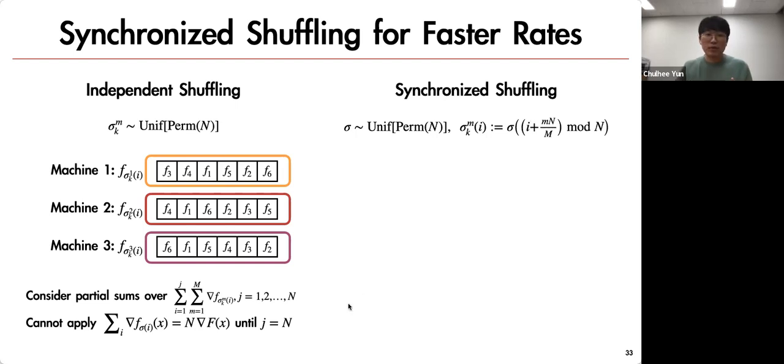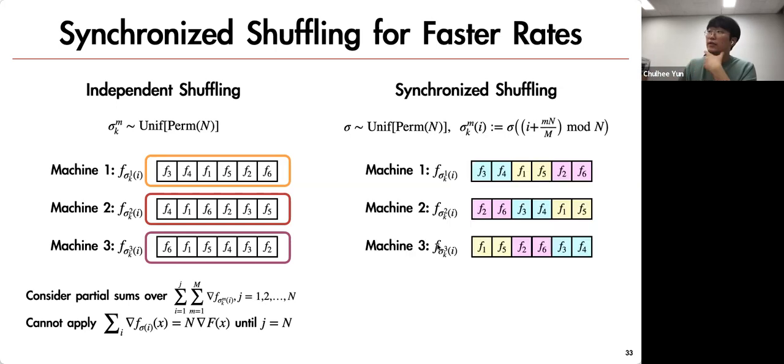The idea is to sample a base permutation sigma at the central server, and then broadcast it to the machines. At the local machines, each machine sets its permutation sigma_m^k to be some shifted version of the base permutation sigma. So let's see an illustration.